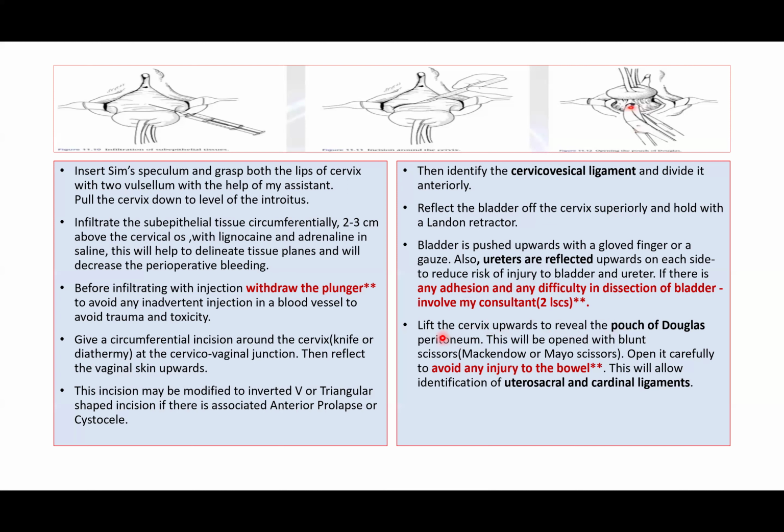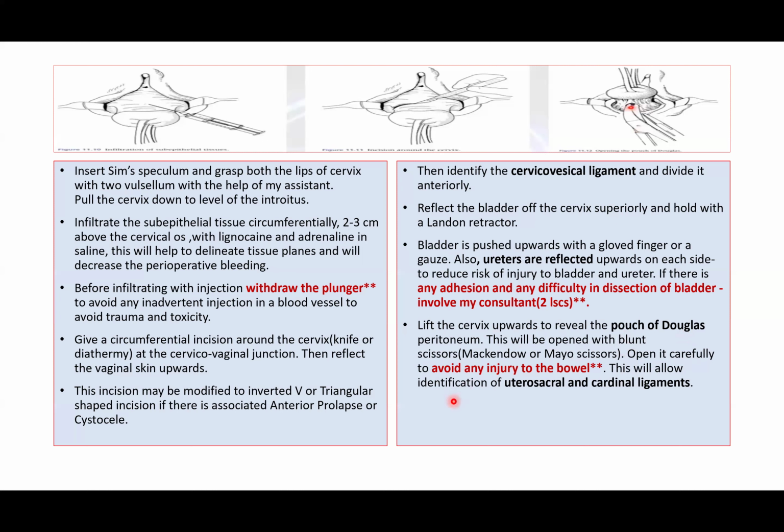So I will be lifting the cervix upwards to reach the pouch of Douglas peritoneum. So when you're talking about the pouch of Douglas, remember there is risk of injury to the bowel. So this will be opened with blunt scissors, like Mayo scissors, remember the blunt scissors, okay? Open it carefully to avoid any injury to the bowel.